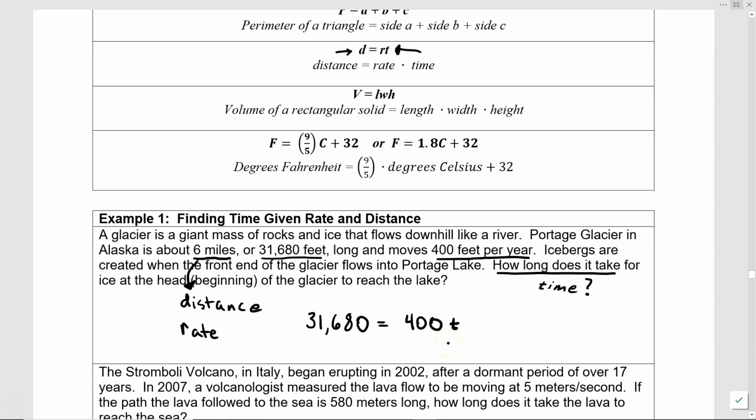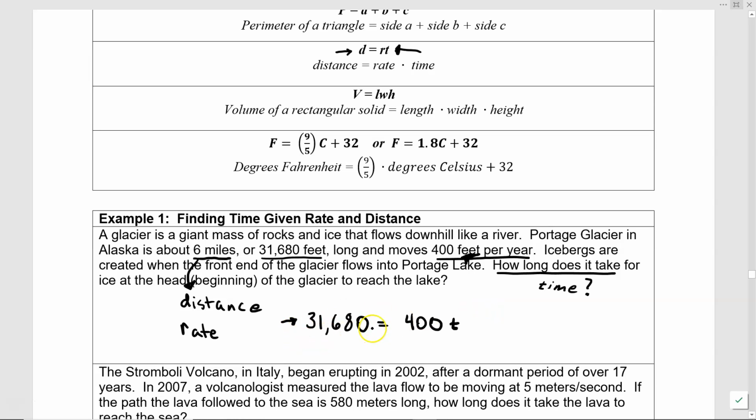Okay. Now you might ask, why did I put in 31,000 for the distance and not 6 miles? And the simple answer for that is because this rate right here is in terms of feet per year. So the rate is telling us, okay, we want our distance to be measured in feet. So that way we can easily divide or multiply or do whatever in order to get a time.